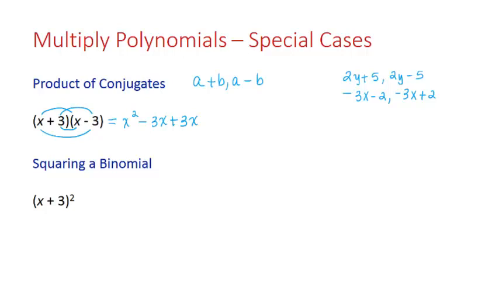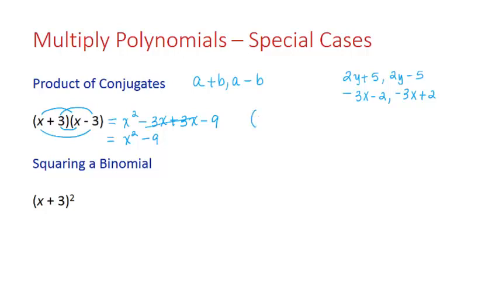And then 3 times negative 3 is negative 9. When we simplify, we get x squared minus 9, because notice that the inner and outer products are opposites of each other. They are negative 3x plus 3x, which add to 0. So we get x squared minus 9.